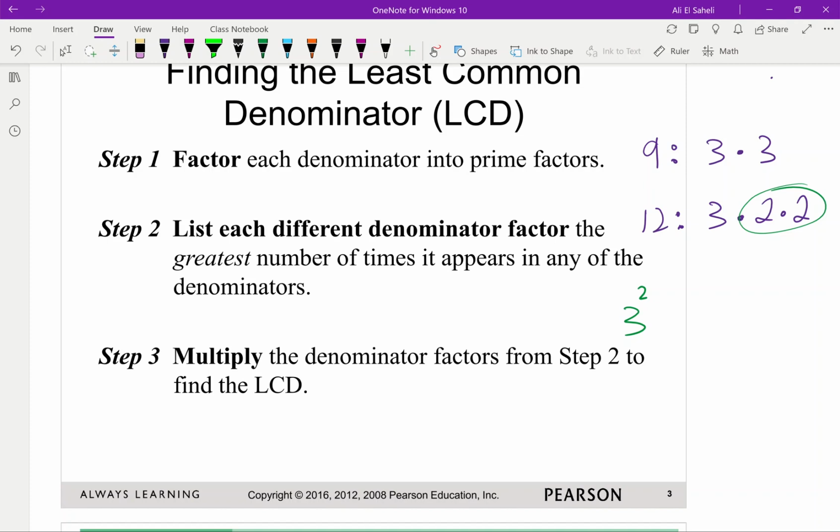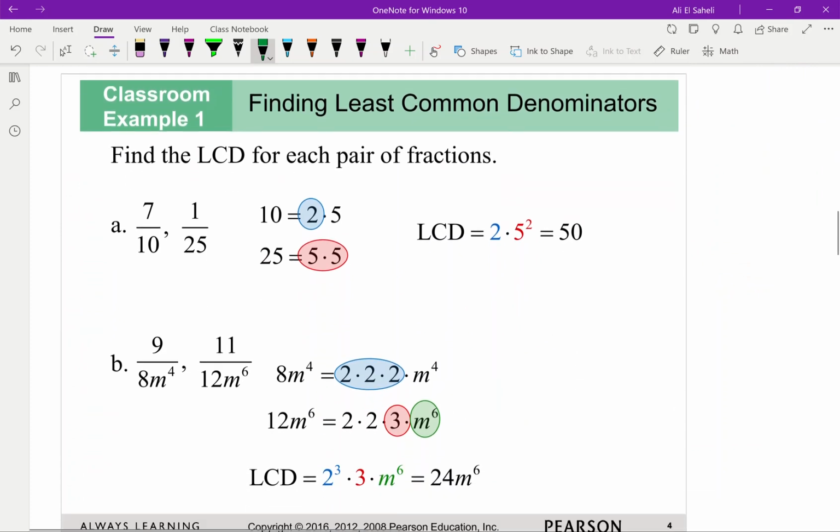We don't consider 3 because 3 appears twice here, more than here. 2 appears twice, so this is 2 squared. If you multiply these out, you get 36, the least common denominator. And this is step 3. Multiply the denominator factors from step 2 to find the least common denominator.